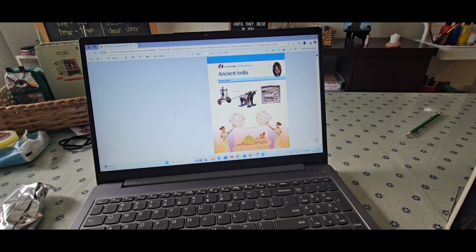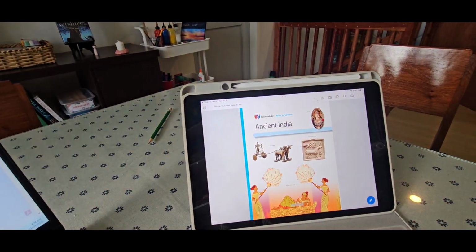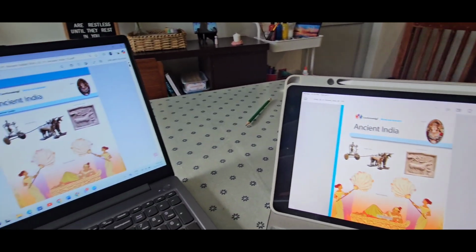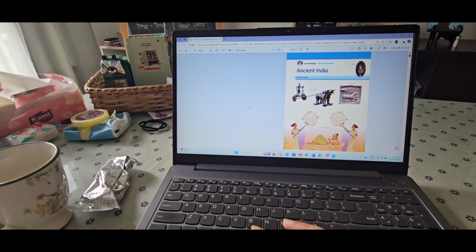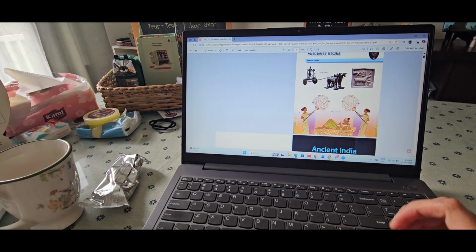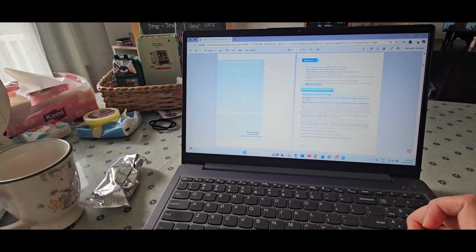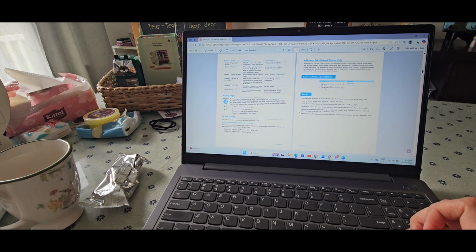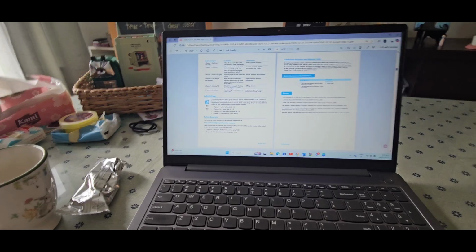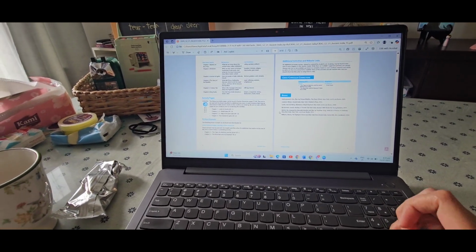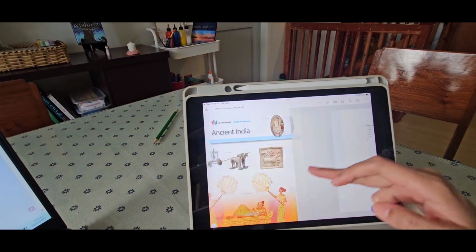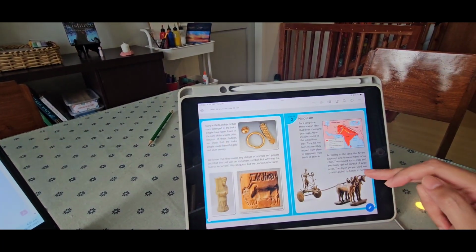And for this one, I have here on my laptop the teacher guide, while Jacob will be reading from the iPad with a student reader, so that I can guide him, as I am also guided by the lesson plans for the teacher. So this is how the teacher guide looks like, while the student guide simply looks like this.